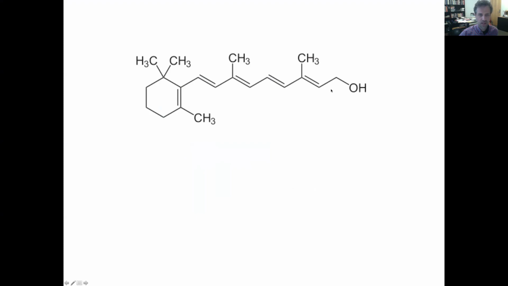Retinol and retinal are closely related, and retinal is the molecule in your eye that enables you to see. That's the molecule that absorbs the light that you are experiencing when you use your eyes. So here's retinol. There's a hydroxyl group right there at the end. And we see immediately that what is so interesting about this molecule is that it has multiple double bonds. In fact, these double bonds are conjugated.